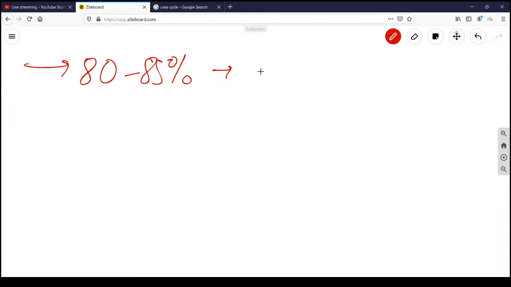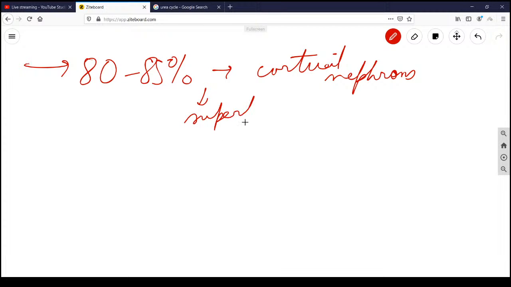This question also comes in NEET examination. They are almost located entirely within the superficial cortex of the kidney.